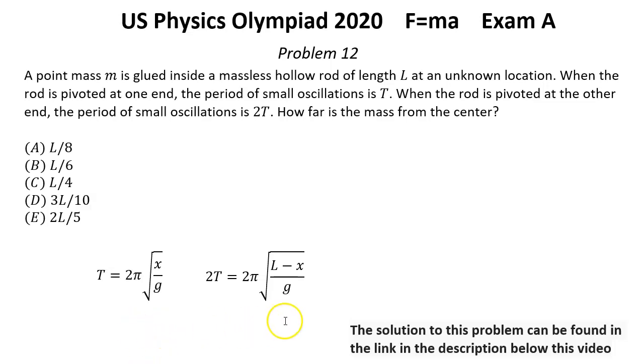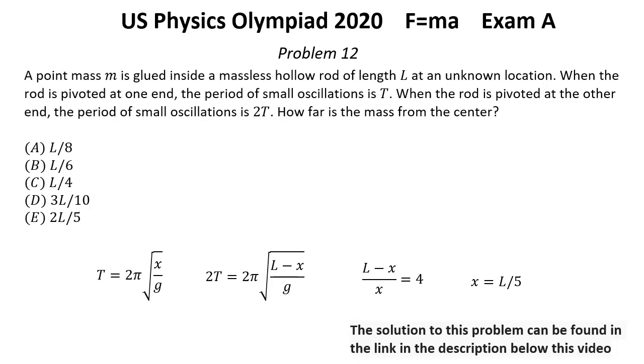Let's square both equations and divide the second equation by the first equation. We have L minus x over x equal to 4. It means that x equals L over 5.